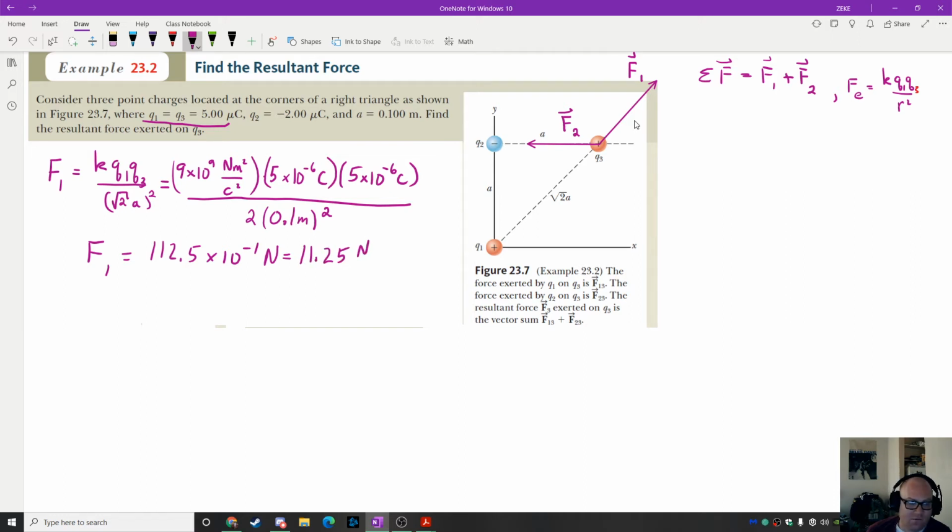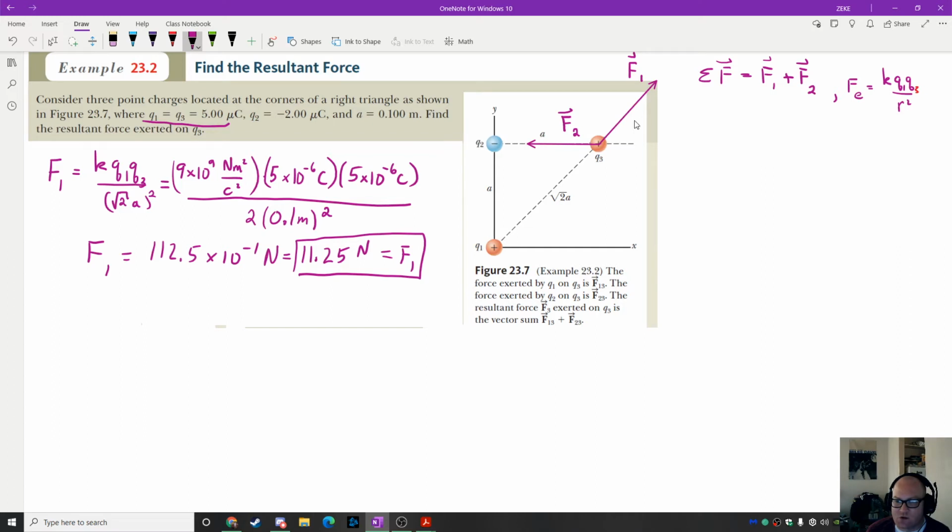Okay, well, there we go. That's F1. Here, we'll write this right here. That's F1 right there. We'll be using that again. Ooh, that looks really bad. Anyone else get 11.25? Yeah, I got it. Excellent. Okay. So that's F1.